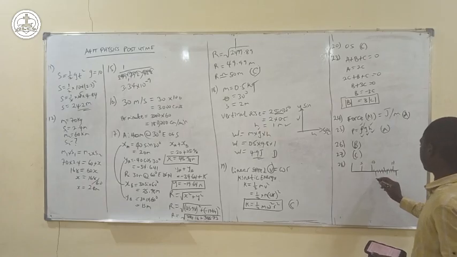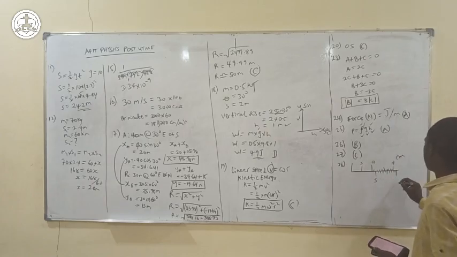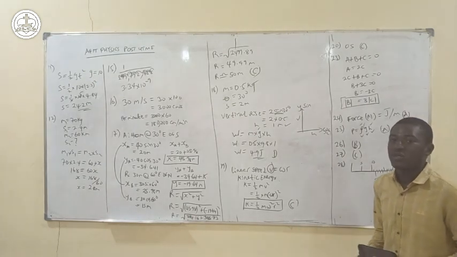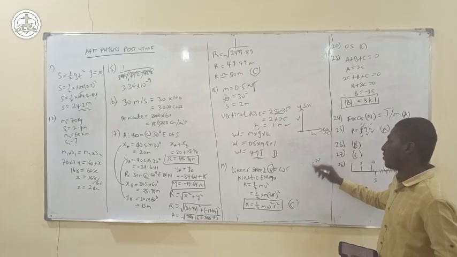Let's call this 5. This is in centimeter and this is in millimeter. You get? How many millimeters make a centimeter? 10 millimeters.